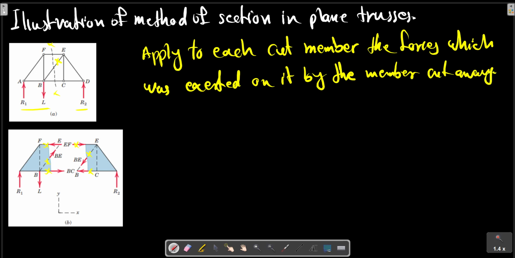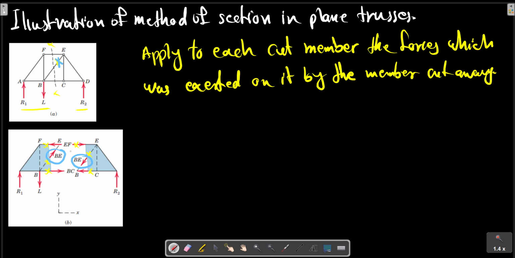For example, we cut a member BE and we should replace it with two forces, one on each side. For simple trusses composed of straight two-force members, these forces, either tensile or compressive, will always be in the direction of the respective member.